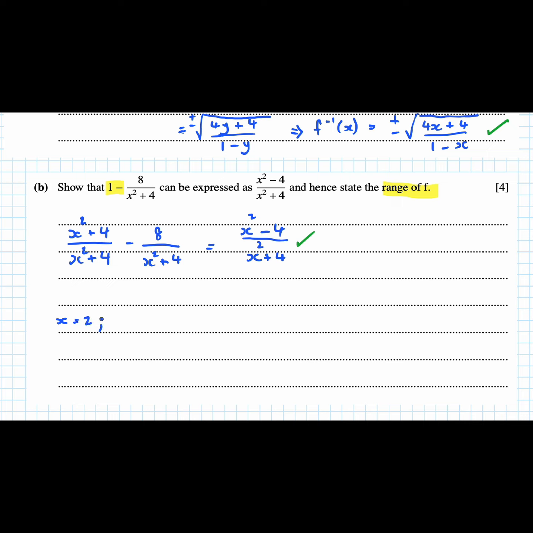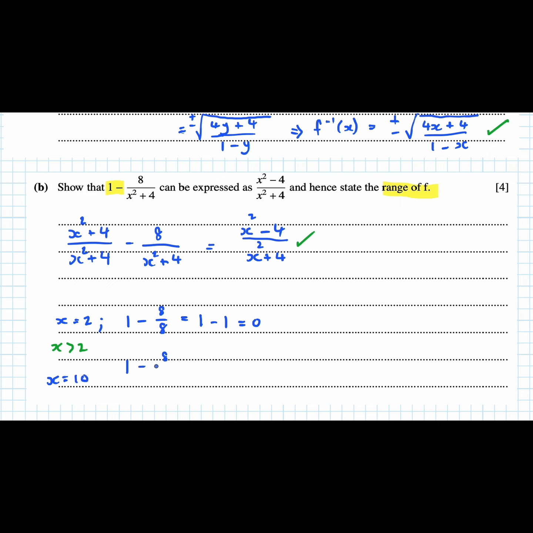When you test a number of values for x in our function, you might see a trend. So 1 minus 8 over x squared plus 4 is 8 over 8, which is 1 when we have x as 2. So 1 minus 1 is 0. And then let me say x is anything else.